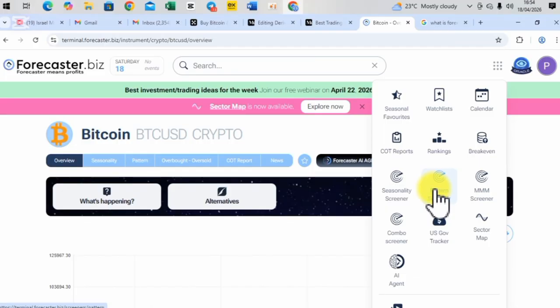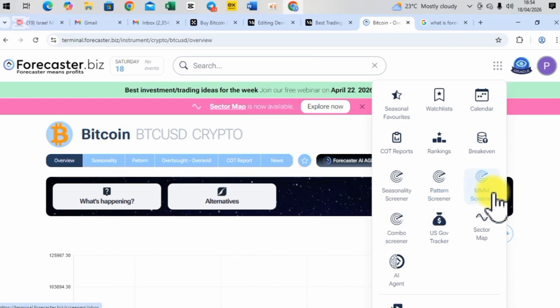Okay, so under forecaster, this pattern screener will do it for you using AI, and will pull all those periods where price is moving exactly like the current one. Okay, this is the technical part of it.